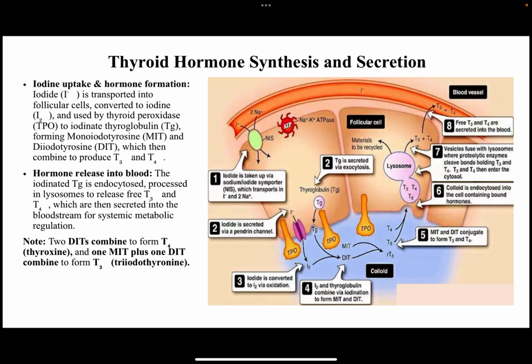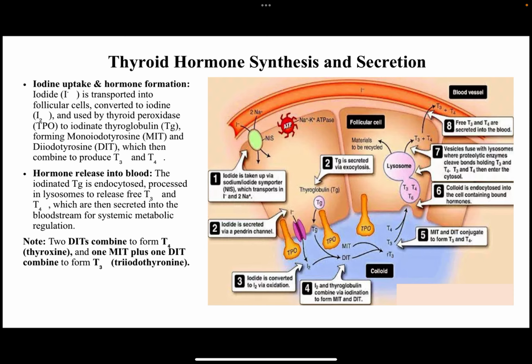Now the next thing that will occur, we call it coupling of the iodotyrosines. Coupling. Is that okay? Now, the coupling happens in 2 forms. We have monoiodotyrosine and diiodotyrosine. One monoiodotyrosine combines with one diiodotyrosine to give us T3, the triiodothyronine.